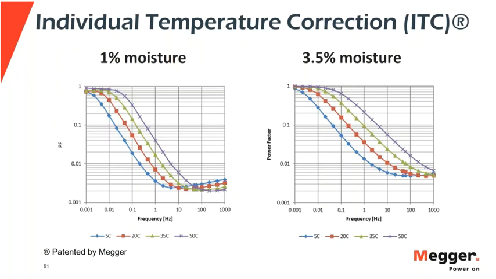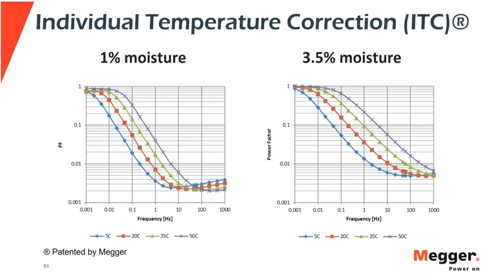So these two figures really reinforce that message. Here we have families of DFR responses measured at different temperatures, for both a dry transformer on the left and a wet transformer on the right.